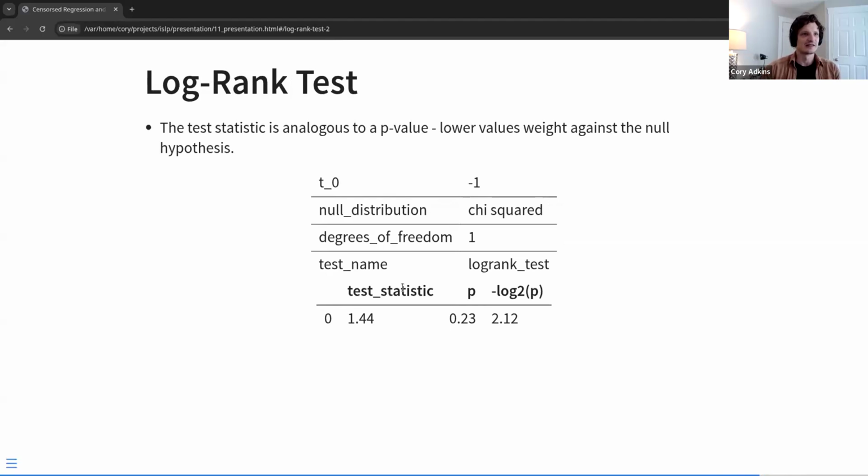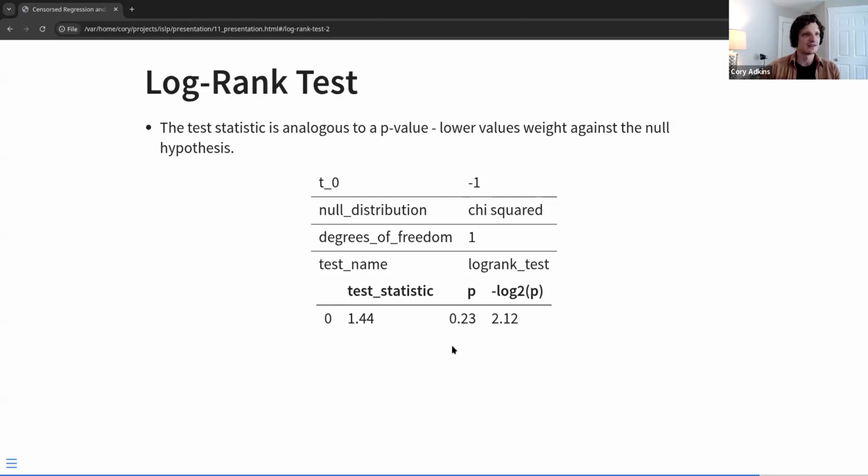So I think this is the output from that test of men versus women in their survival rates of brain cancer after 20 months, and the test statistic. Oh, they're reporting different things, so maybe I need to double check this. But I guess the test statistic is 1.44, and then a p-value is calculated from that.